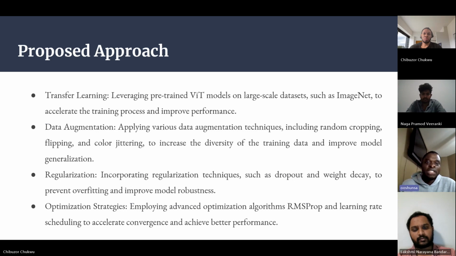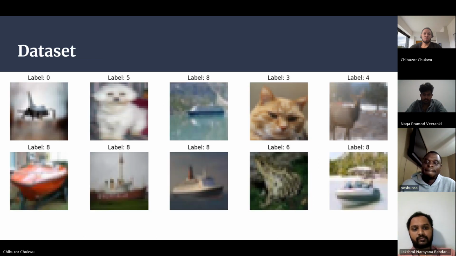Also, regularization techniques such as dropout and weight decay. Also, we have optimization, employing advanced algorithms and learning rate scheduling to accelerate convergence and achieve better performance.